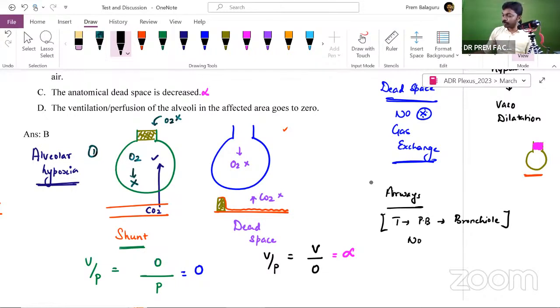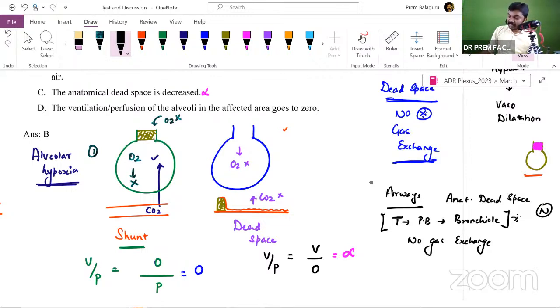As a consequence, there is no gas exchange. Hence, the volume of air existing between the trachea and the bronchioles is called anatomical dead space, which is very normal, present in every single lung.